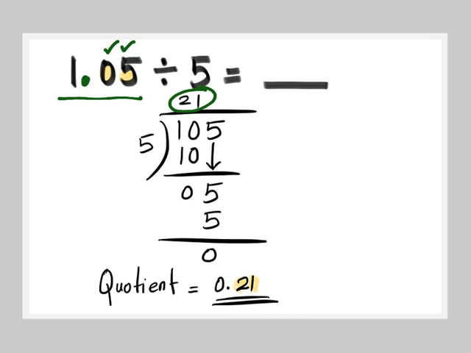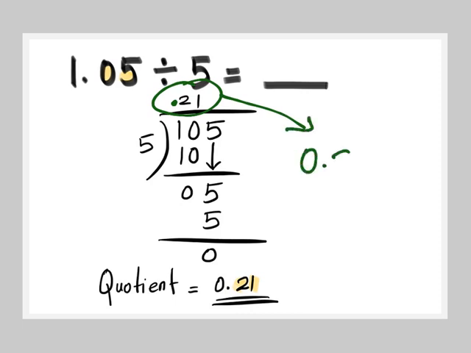So in the answer, 21, the decimal should be placed 2 digits to the left. That is how we got the answer. So this became 0.21. That is how we got the answer as 0.21.